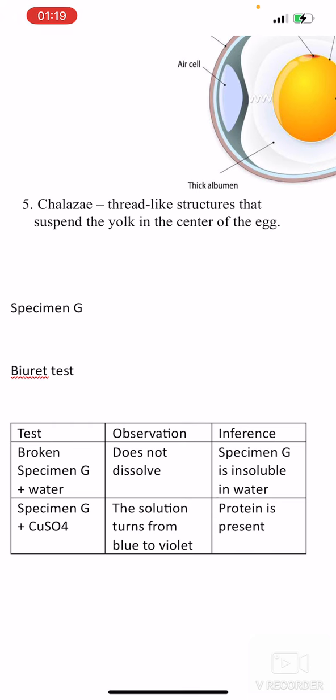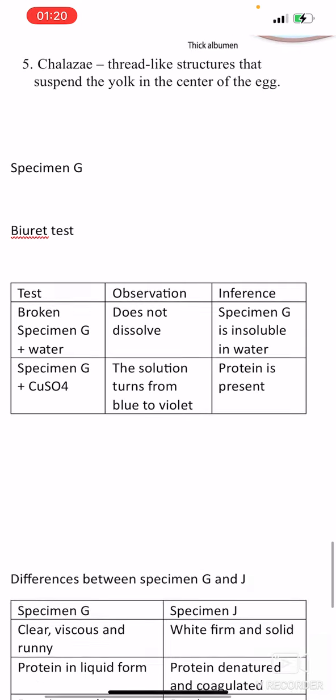You put that syringe inside the test tube that contains water. If you mix them together, you see that specimen G is actually insoluble in water. Then they might ask us to put copper(II) sulphate there, that's CuSO4. Normally the color of CuSO4 is blue, but when you put the CuSO4 into this solution here, it will turn to violet or purple. That means the presence of protein. So that's the WAEC test.